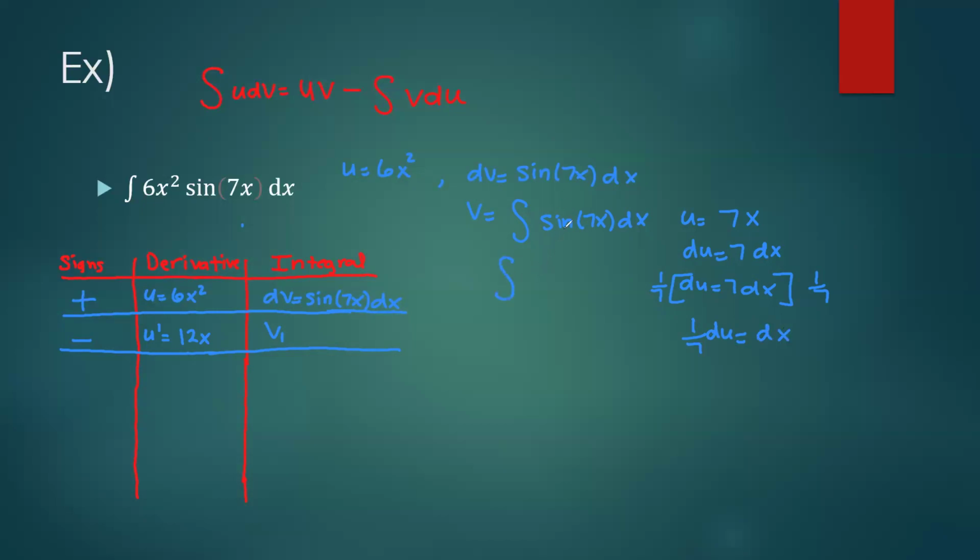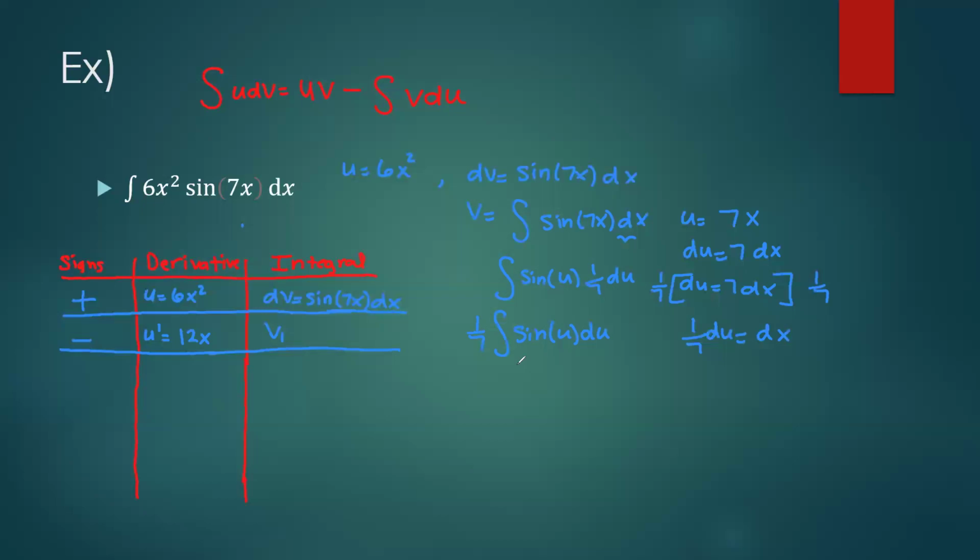So you're going to say sin of 7x, or in our case, 7x is our u, and then you replace dx with 1/7 du. 1/7 is a constant, so you can take it out. So it'd be sin of u du.